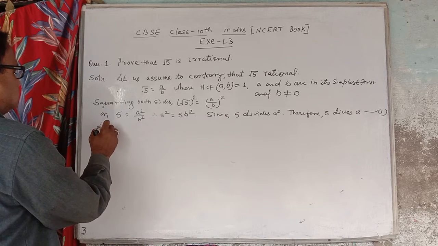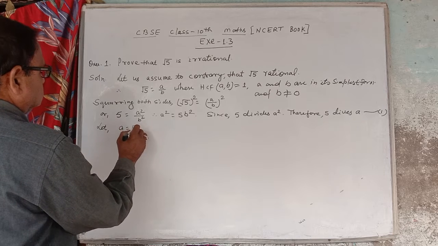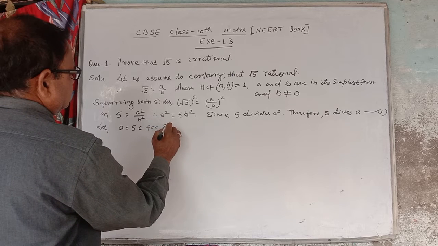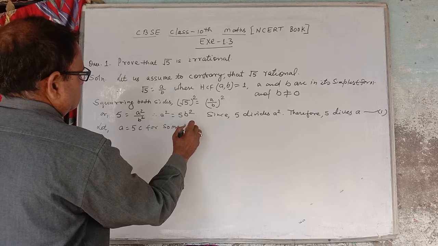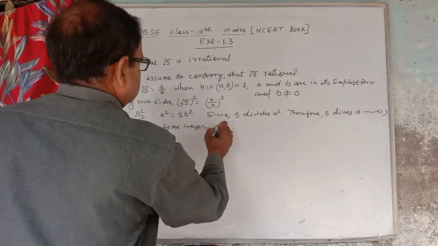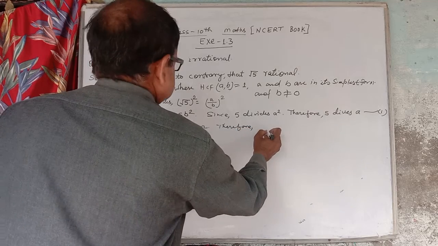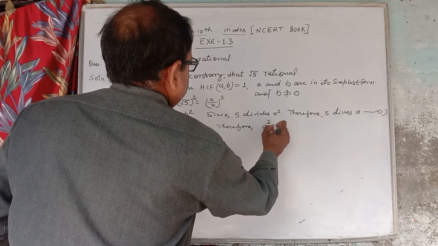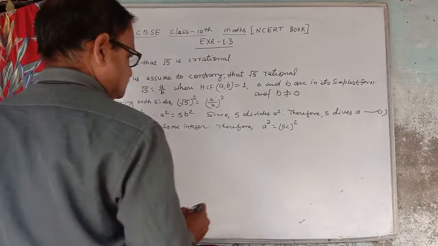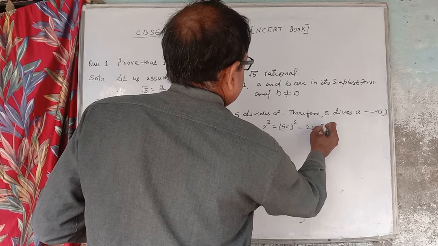Let a is equal to 5c for some integer. Therefore, a square is equal to whole square of 5c, that is equal to 25c square.